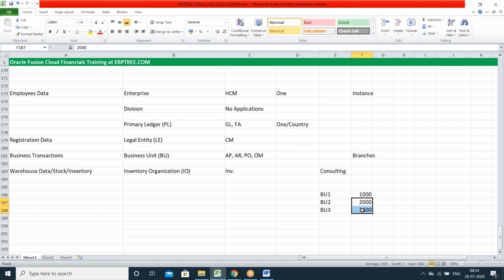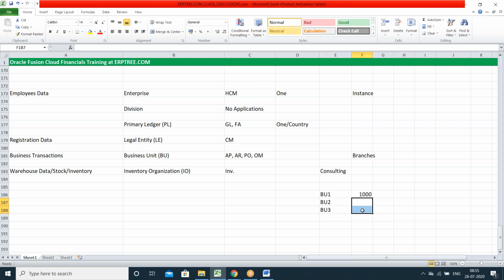You have BU1, three branches. You will take BU1 and when you are recording the transaction, use company 1,000, right? For BU2, when you are recording the transaction, you want to use company 1,000, right? That's what you are asking. Yes, exactly.